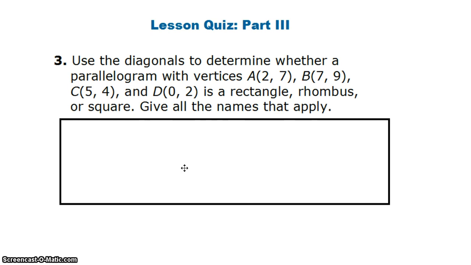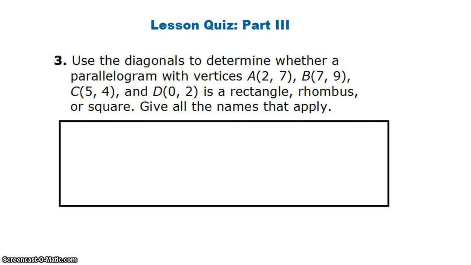And part 3, use the diagonals to determine whether a parallelogram with these vertices is a rectangle, rhombus, or square. Remember, we found that the diagonals were equal to prove that it was a rectangle, and we found that they were perpendicular to prove that it was a rhombus. So go ahead and test that out and see what you come up with.